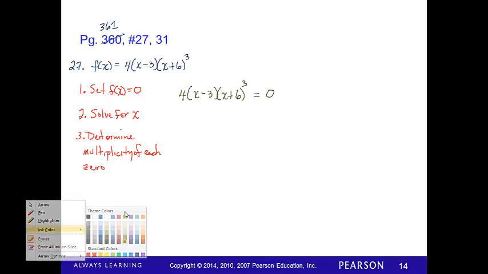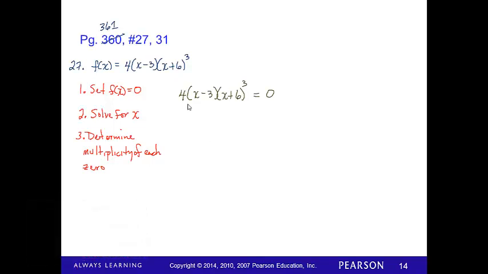Alright, so let's solve for x. Well, 4 is out here by himself. He's just a constant. He's multiplying all of these parentheses. So I'm going to divide by 4. And now we're left with x minus 3 times x plus 6 raised to the third power equals 0.